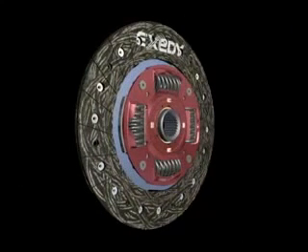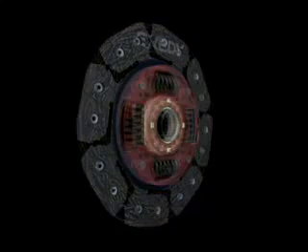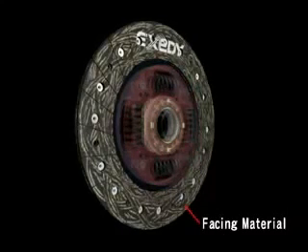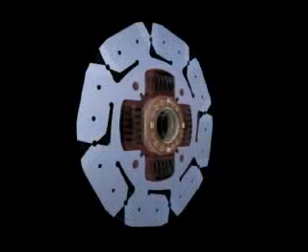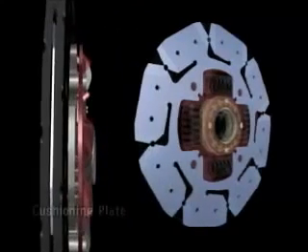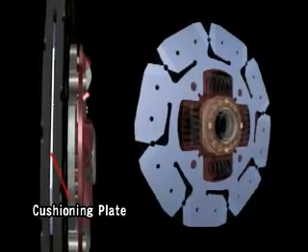Next, looking at the clutch disc assembly, engine torque is first transmitted from the pressure plate to the facing material. This facing material is supported by the cushioning plate, which makes half-engaged clutch control possible.